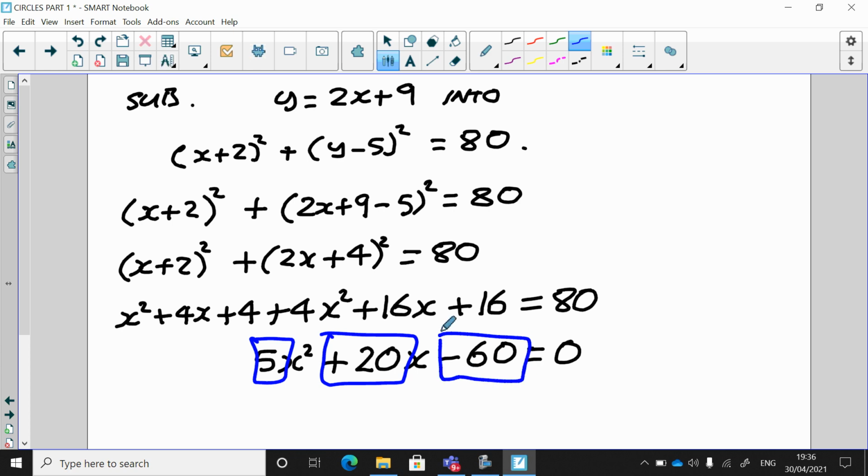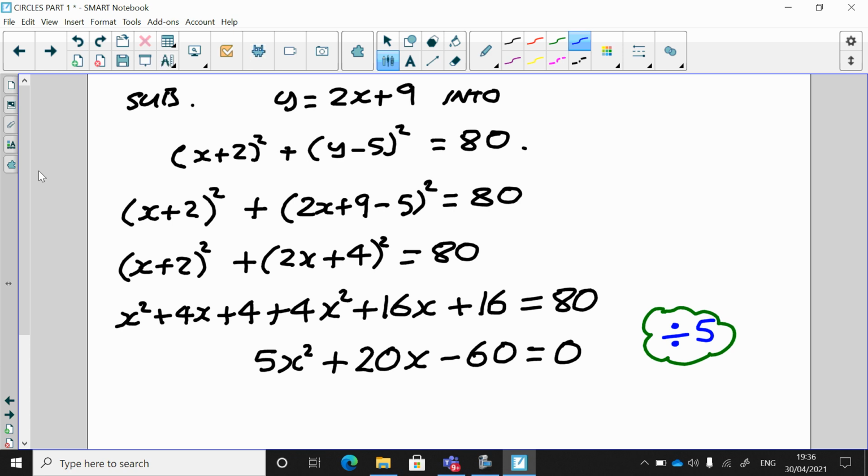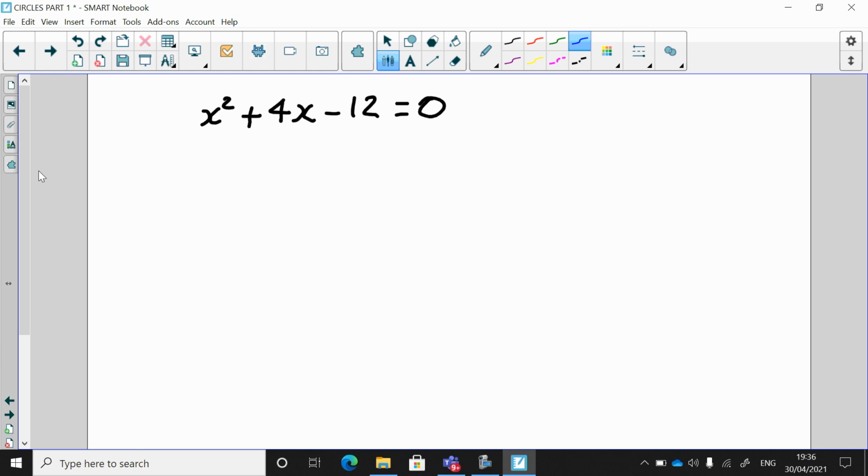They look as if they're all divisible by a similar number, and hopefully you can spot that they are divisible by 5. Divide them all by 5. Done. We said this earlier: when it starts with x squared, we can probably factorise it. So that's what we're going to try and do.